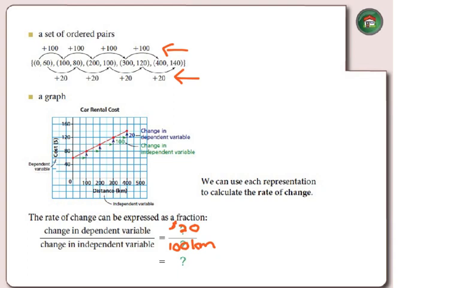And if we calculate this out, we get that the rate of change is 20 cents per kilometer. We always need units attached when we do a rate of change, and this tells us essentially how much it costs to drive the car.